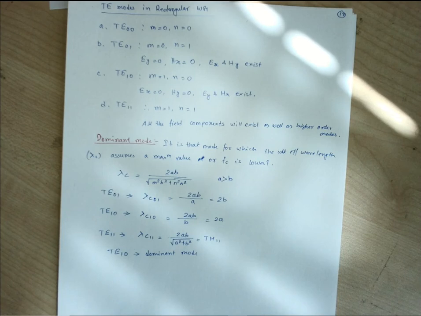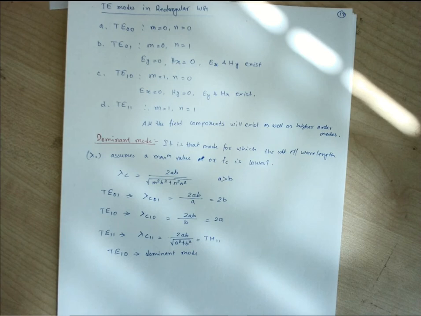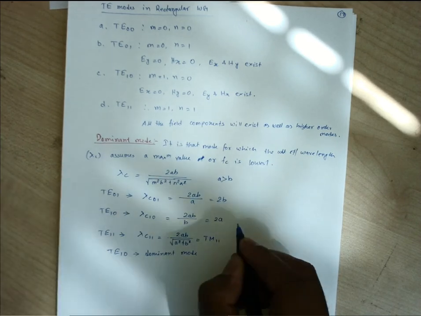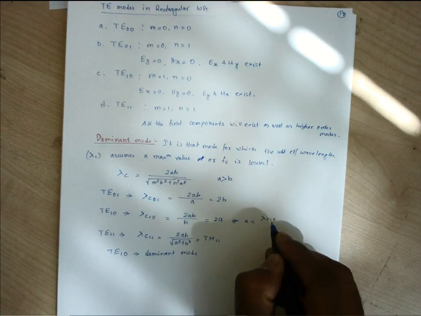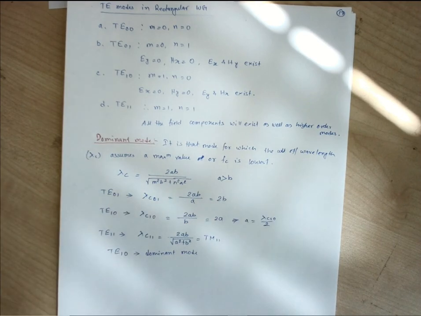So if we are having different frequency components, out of those we can operate the waveguide with the lowest one, but obviously this will depend upon the waveguide dimension, that is A or B as well. So in the reverse way, we can also say if the waveguide broader dimension A is equal to lambda C10 by 2, then the waveguide can be operated with the dominant mode.